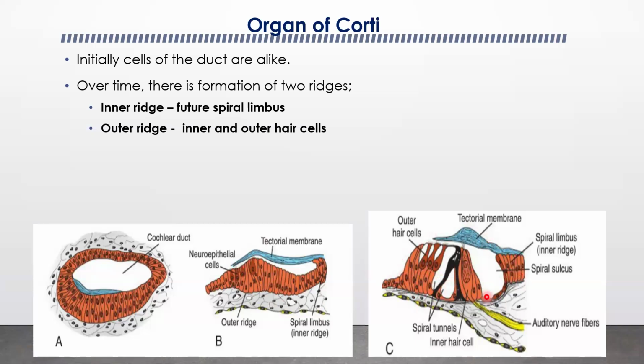So this is the tectorial membrane, you have this spiral sulcus, spiral limbus, and then you have the inner and outer hair cells, and then you have even the supporting cells. You can also appreciate at this point that the neural cells will start to form the auditory nerve fibers to give us the afferent sensations that come from the hair cells.